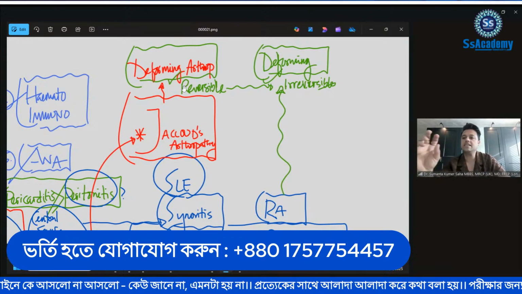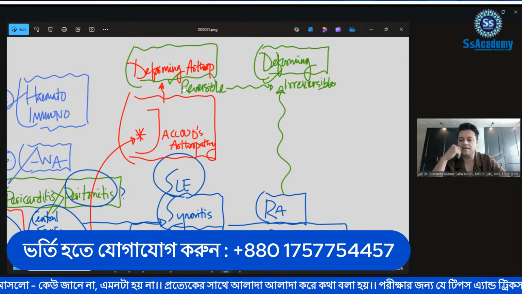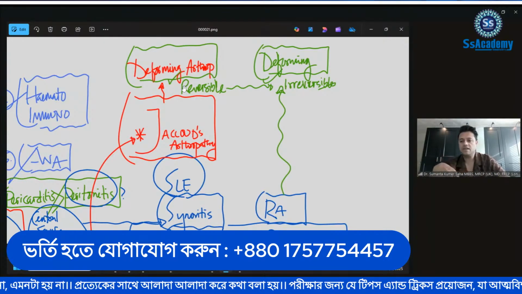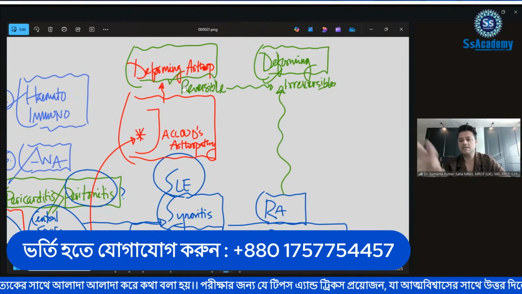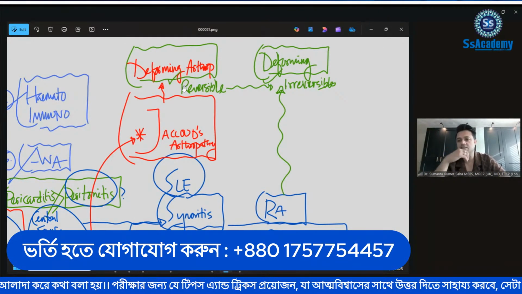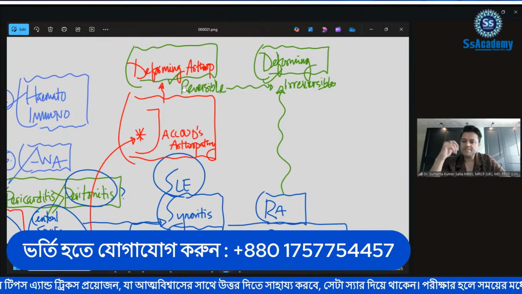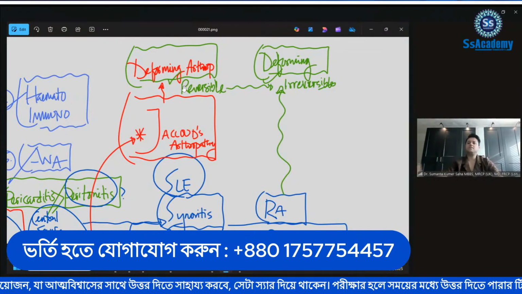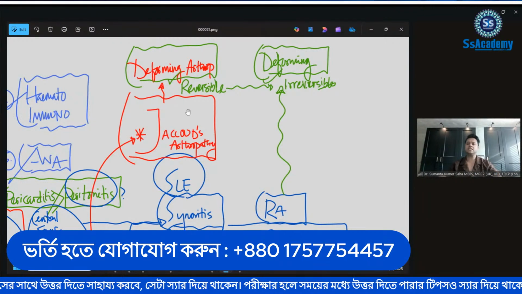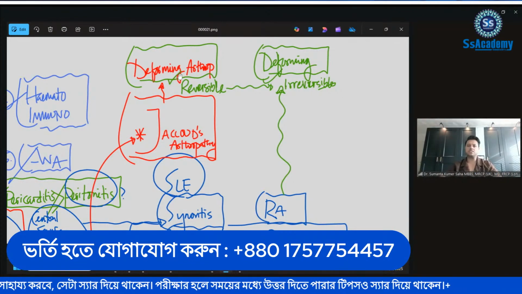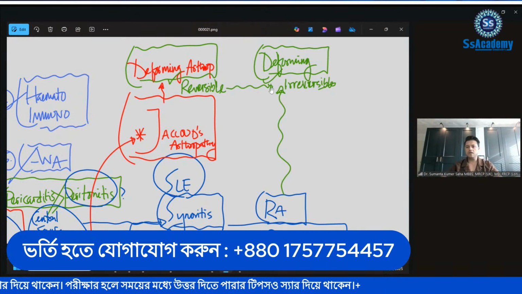That's how you can differentiate clinically at the bedside. But if you look at any photograph of both these deforming arthropathies, sometimes it is difficult. So that is the basic difference: SLE severe synovitis gives a deforming arthropathy which is reversible, and which is irreversible in case of RA.